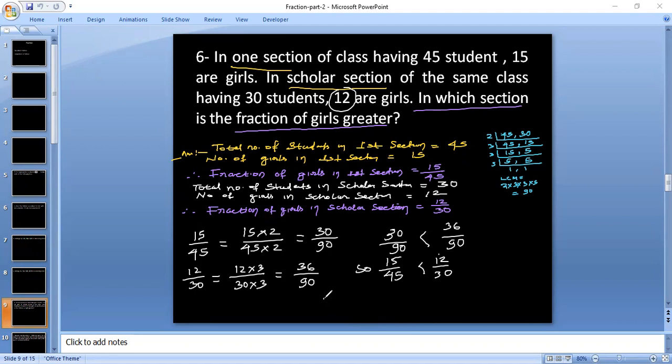So the smaller section has the greater fraction of girls.